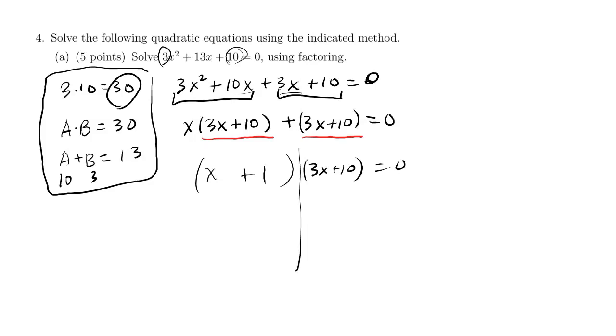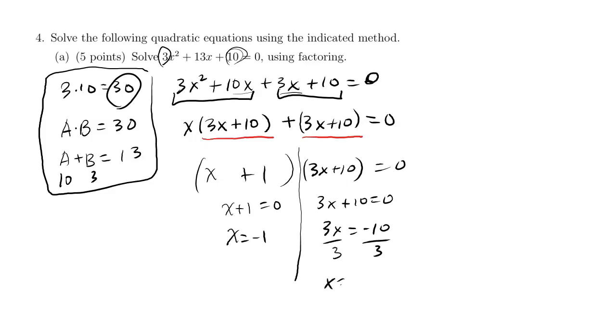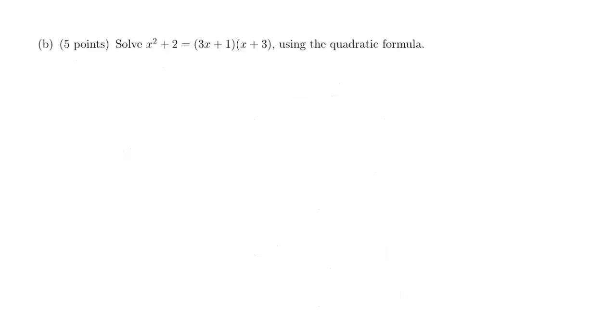When does that happen? When either the first factor is 0, or the second factor is 0. So you have two possibilities. This happens when x is negative 1. You subtract 1 off both sides. This is what you get. And this happens if you subtract 10 from both sides. It's 3x equals negative 10. Divide by 3, and you get x equals negative 10 over 3. Okay. So those are the two answers.